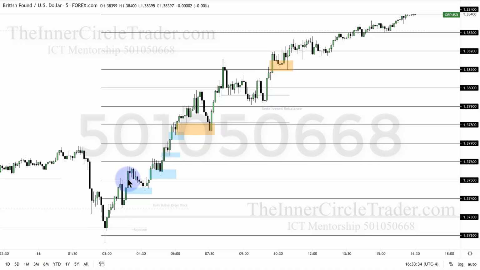Because the algorithm that delivers price likes to see 10 pip delivery cycles. Now, that is not to mean that it's always going to be step 10 pips, come back, retrace, 10 pips, step, retrace, and run 10 pips more. I'm not saying or suggesting that in any way, shape, or form.